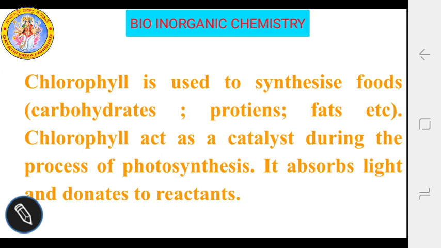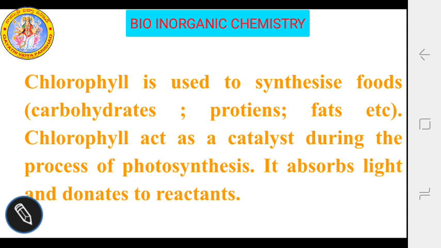Rather than the word catalyst, we can use the word photosynthesizer. Chlorophyll is also known as photosynthesizer. Photosynthesizer means it absorbs light energy and is excited to higher energy levels, and again while coming to the lower energy state, it releases energy and donates the energy to other substances.